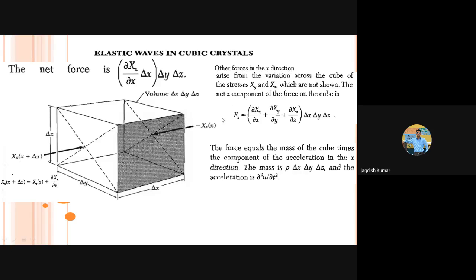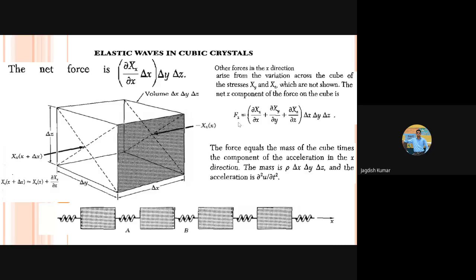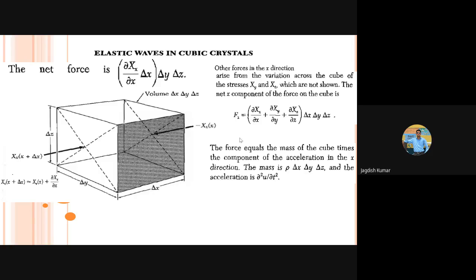So the left hand side of this equation will be rho into delta x into delta y into delta z into del square u over del t square, equal to this thing on the right hand side. On both sides, delta x, delta y, delta z is common, so this can cancel. What you shall be left with is rho into del square u over del t square equal to del sigma_xx over del x and so on. You can write this.